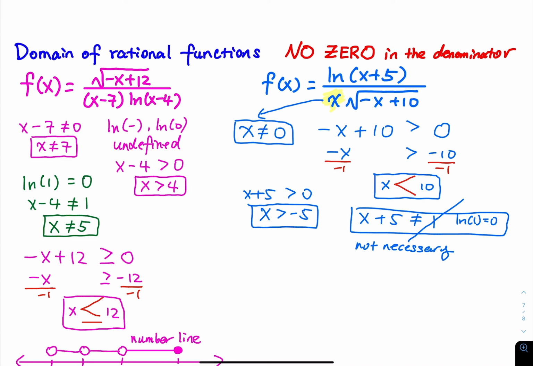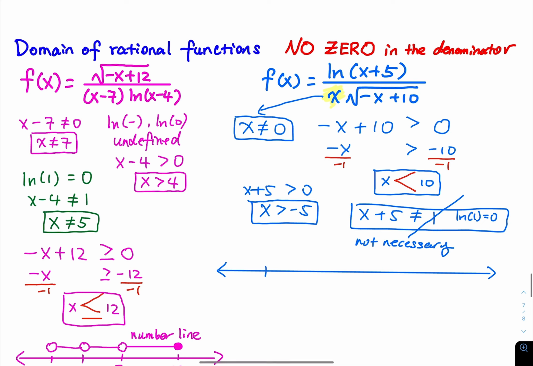So now let's summarize all of them on one line. I'm going to draw a line. I have greater than negative 5, less than 10, and then no 0, right? So that will be greater than negative 5, skip 0, and then less than 10.